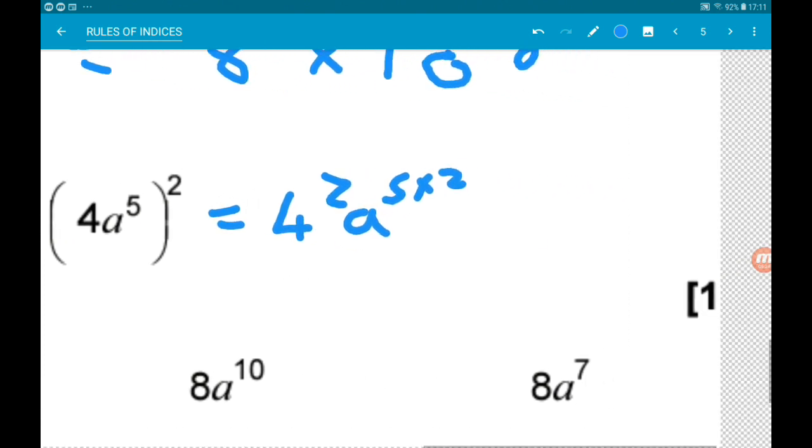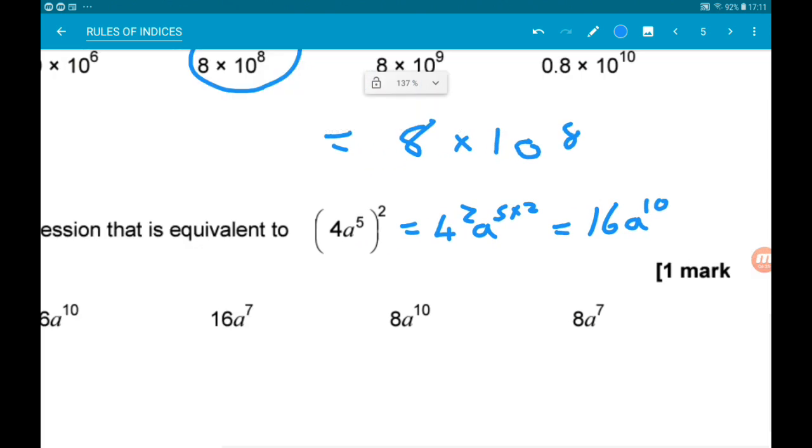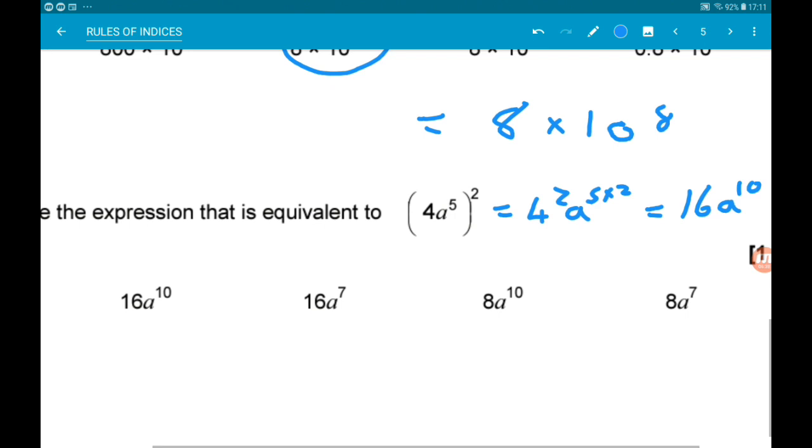So that's 16a to the power 10. Which is the cube.